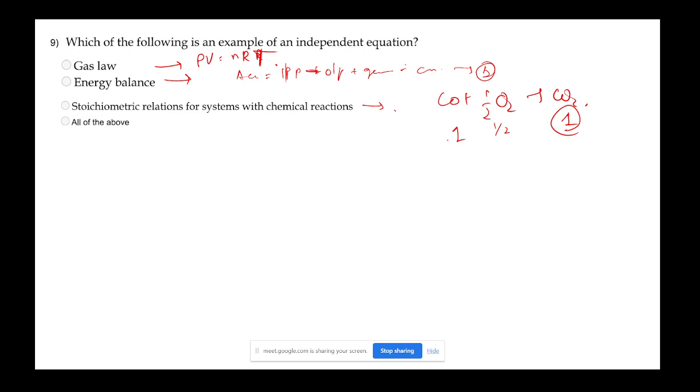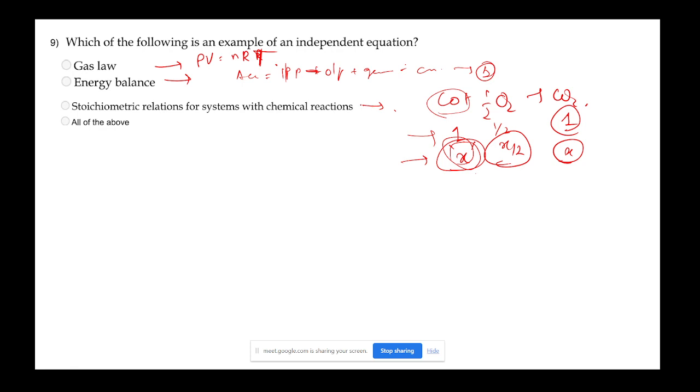So if you know what amount X is consumed, either of CO or of O2, since it is a stoichiometric relation, for X moles of CO consumed, you will have X by 2 moles of O2 consumed and X moles of CO2 produced. So if you know what is consumed or formed, you can calculate the other values of products or reactants.